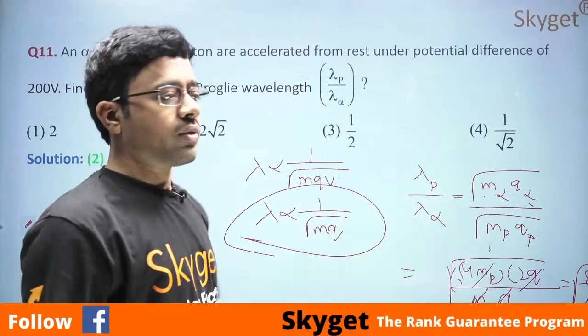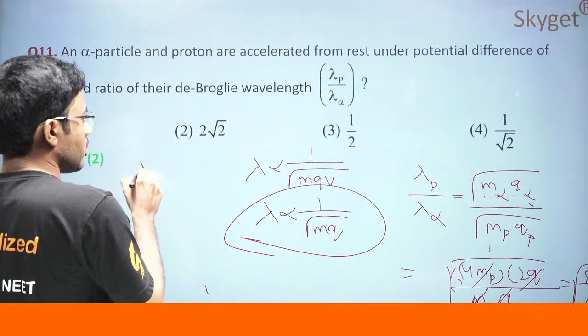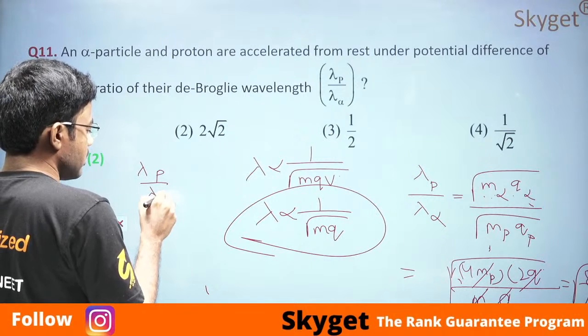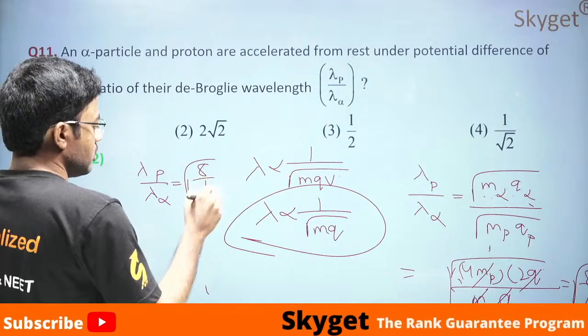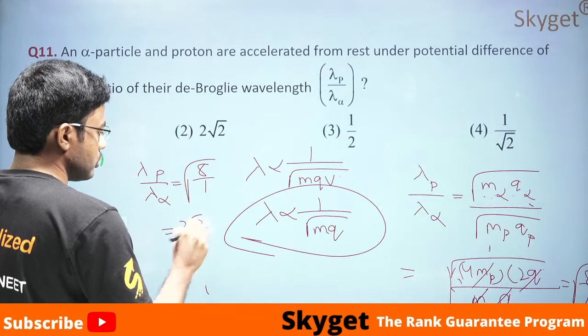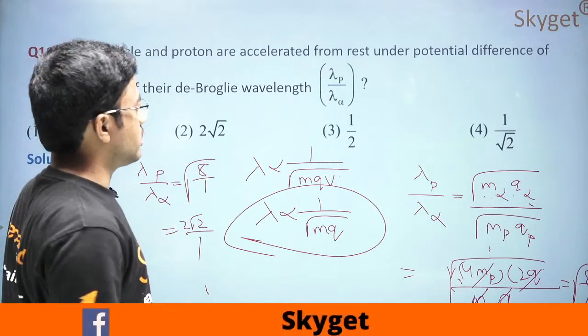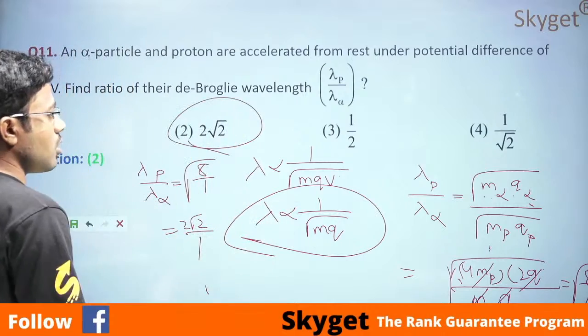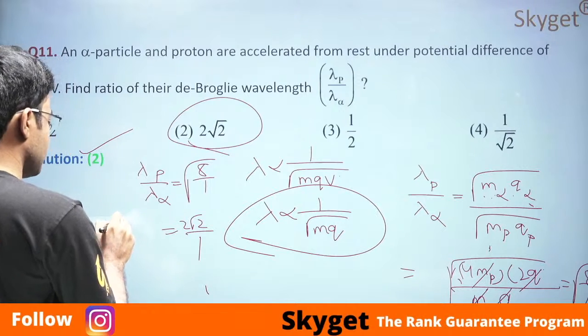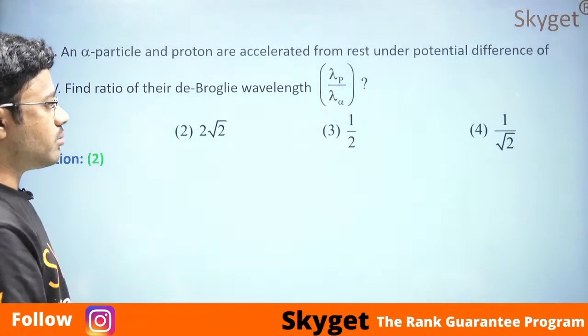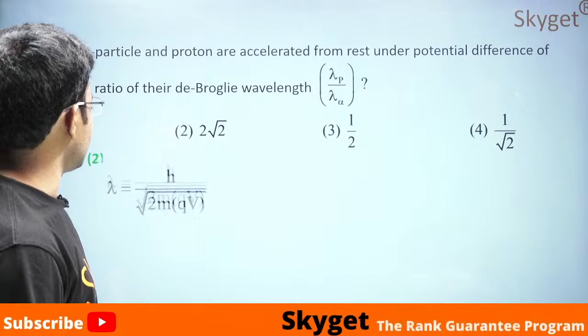So here we got the ratio of their wavelengths. The wavelength of proton by the wavelength of alpha particle is root 8 by 1, which is nothing but 2 root 2 by 1. So it is 2 root 2, that is option 2. Okay students, so this is problem number 11. Next we will move to the next problem, number 12.